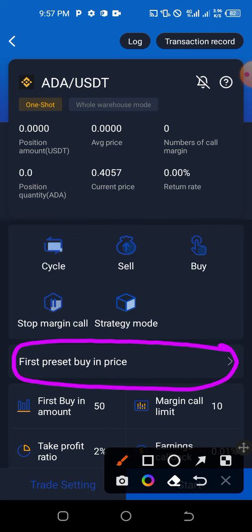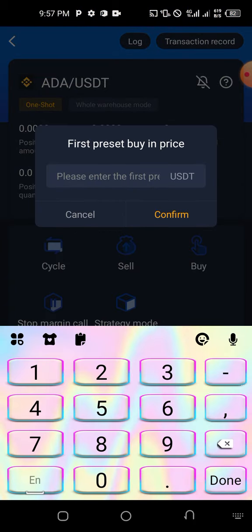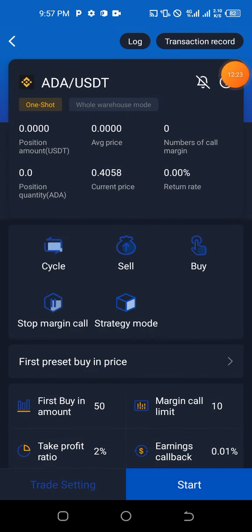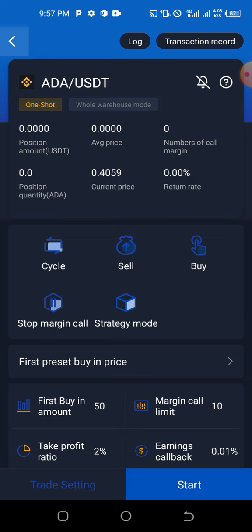Then press start. After writing here the price, confirm and press start here. Are we together? You press start, then the coin will just remain in the green.